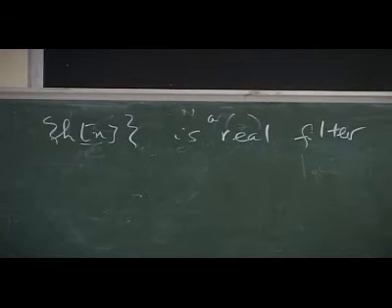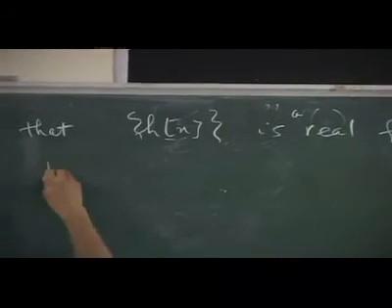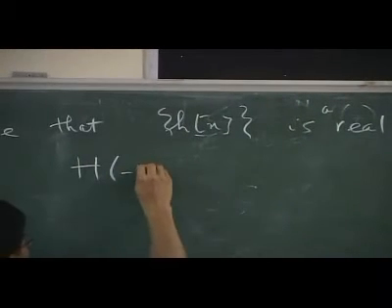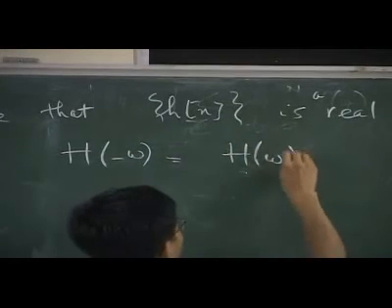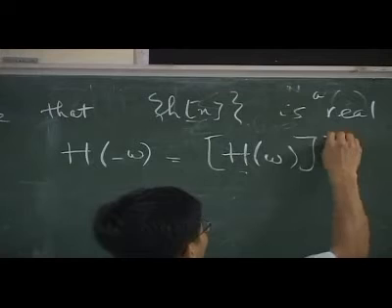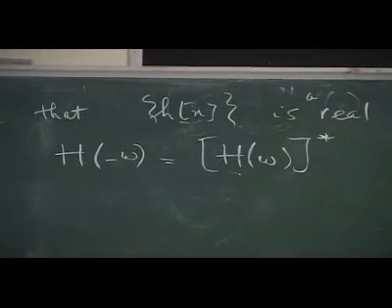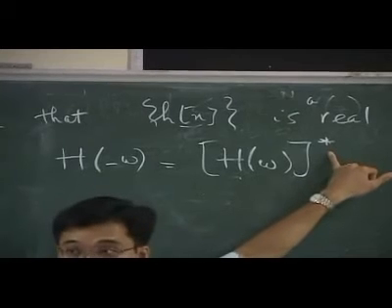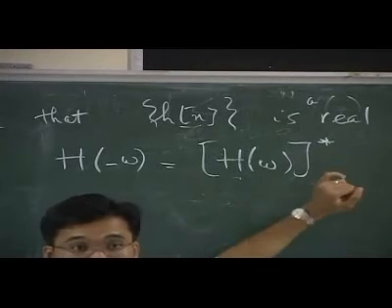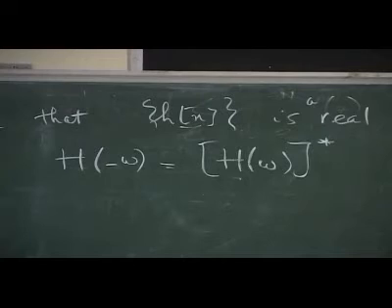Then it's not hard to show that H(-ω) is simply equal to H(ω), but you take the complex conjugate. Is everyone alright with this complex conjugate notation? You've seen this notation before. So what we have here is a number plus its complex conjugate.